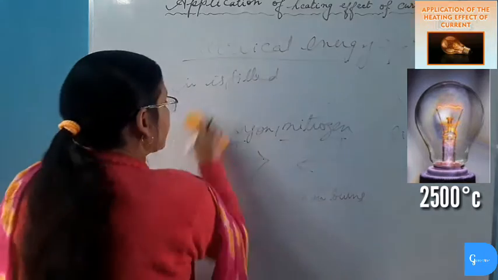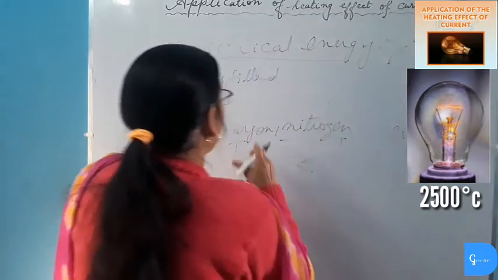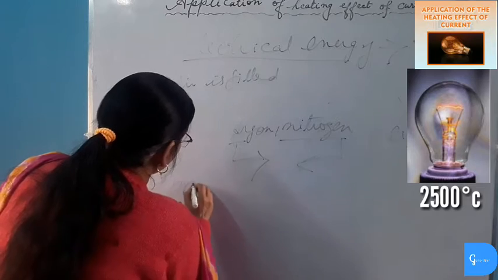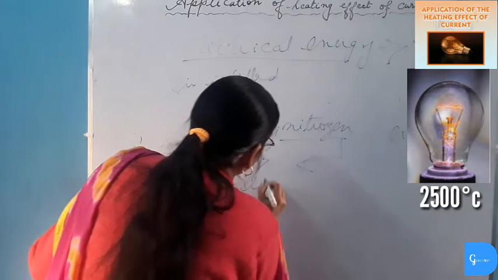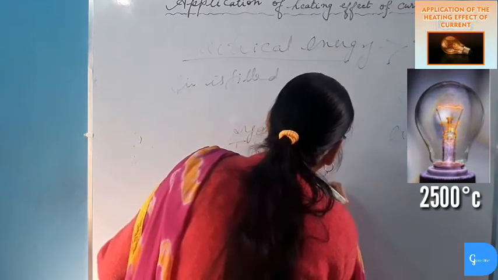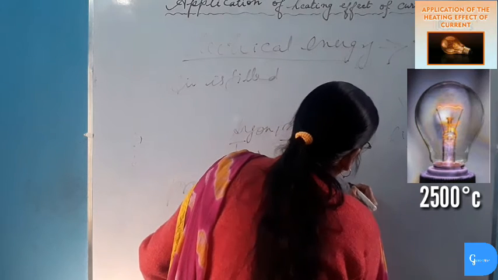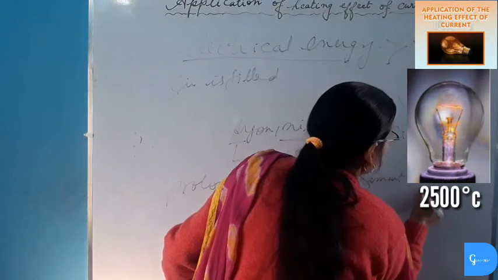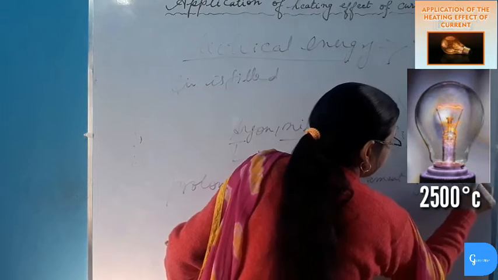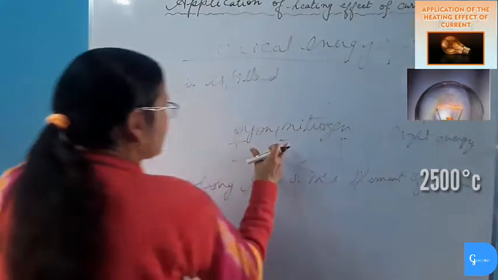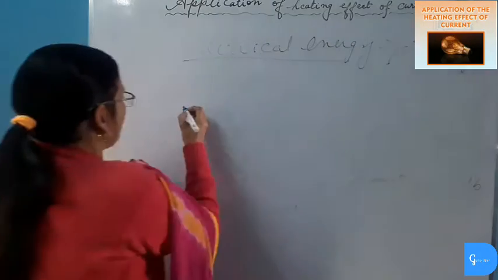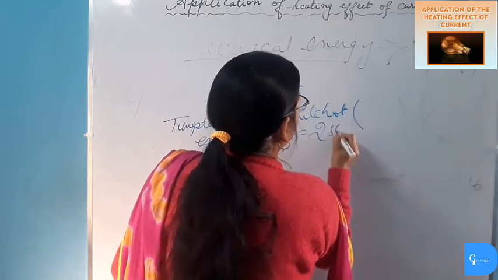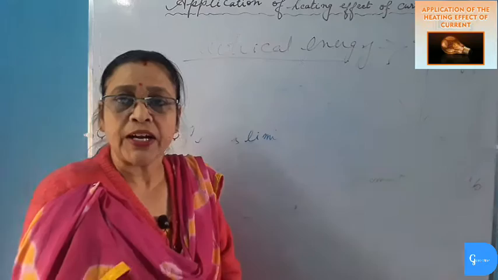So if inert gas like argon, nitrogen or the mixture of argon and nitrogen are used, prolonged life of the filament is maintained. When the tungsten becomes white hot, it reaches up to the temperature of 2500 degrees centigrade.